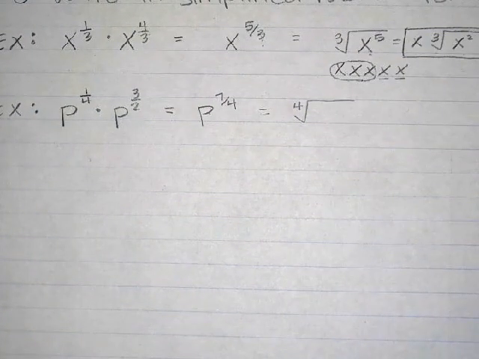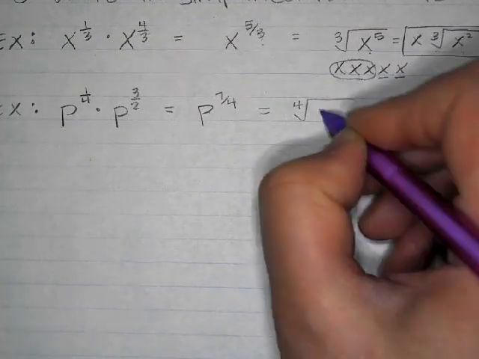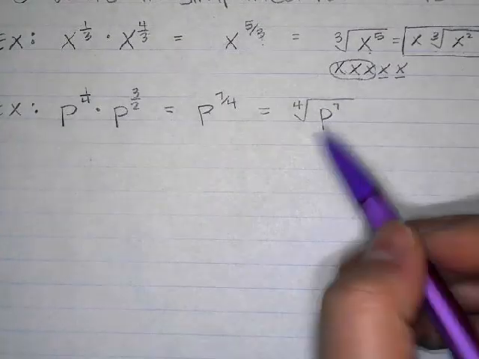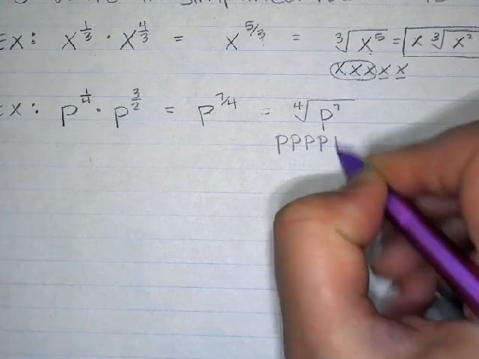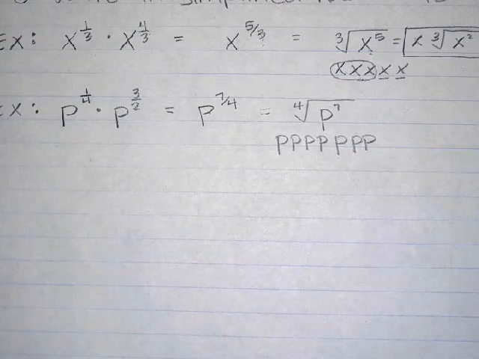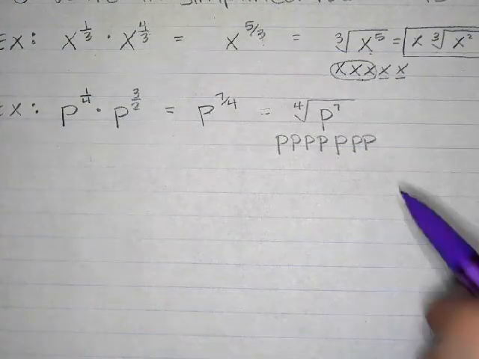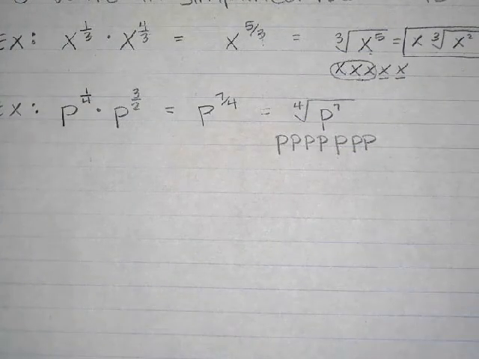P to the 7th. Okay, so to simplify this, I'm going to write out 7 p's. And then when I look for my group, how many should I group together? 4 of them.